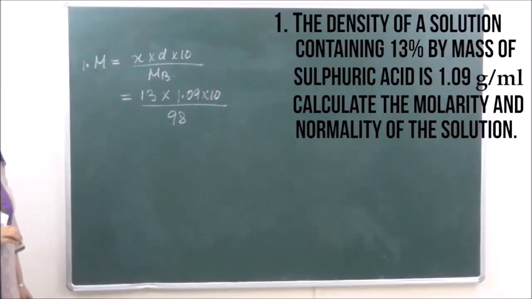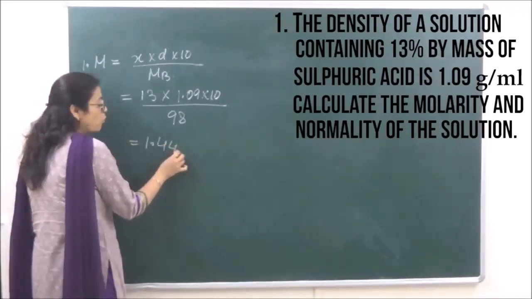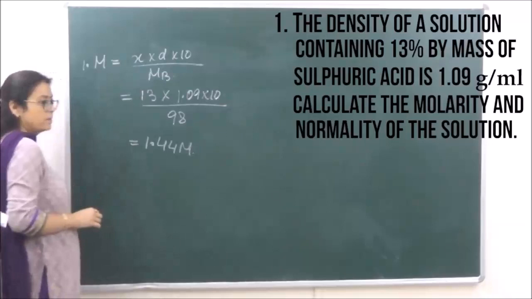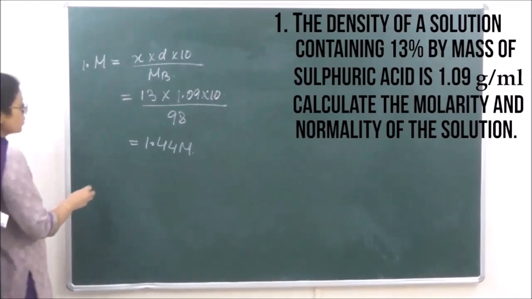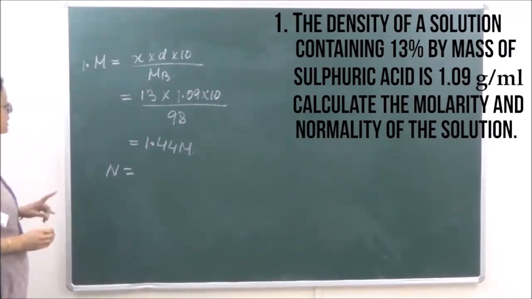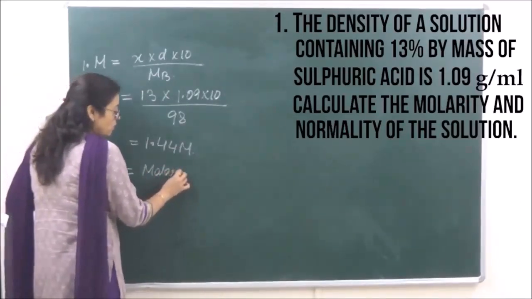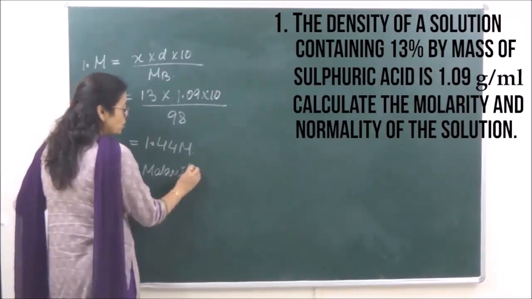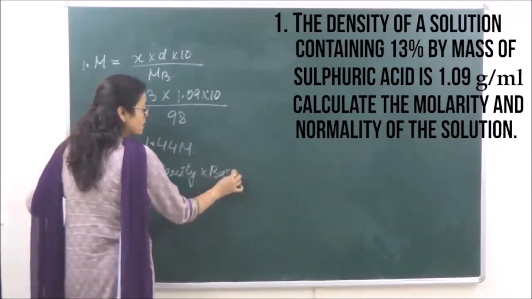Okay, so when you calculate this, it comes to 1.44 molar. This is the first part in which we were supposed to calculate the molarity. The second part is normality. The relationship between molarity and normality is that normality is equal to molarity into basicity of the acid.